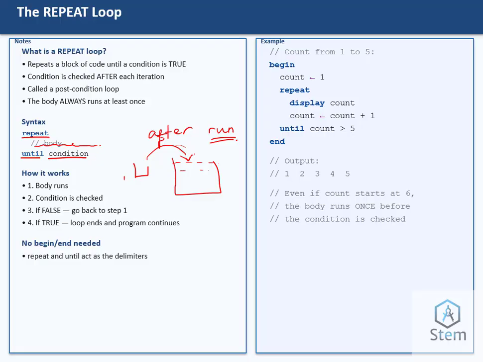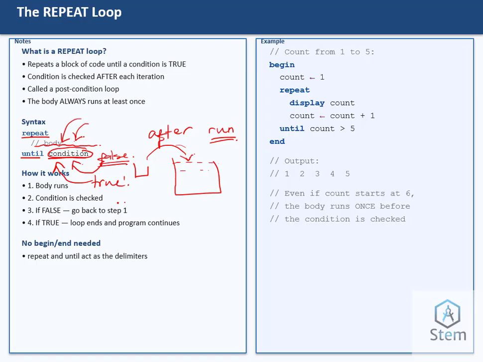In short, we are saying repeat these instructions until this condition is met. Repeat the instructions until condition is true. So the repeat loop will keep iterating as long as this condition is false. When the condition becomes true, we stop.